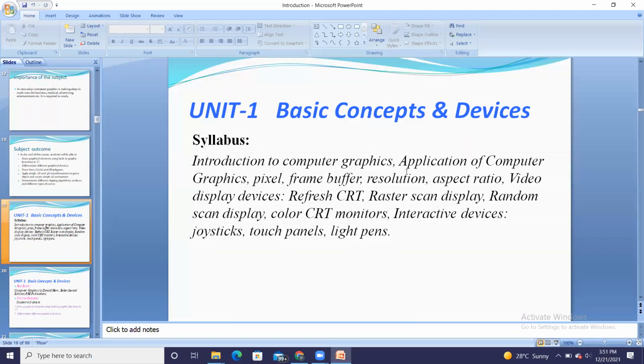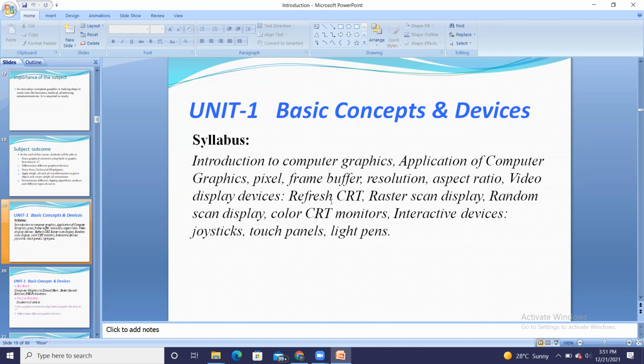It has the name basic concepts and devices. Here is the syllabus of the chapter. First is introduction to CG, application of computer graphics, then pixel, frame buffer, resolution, aspect ratio, then video display devices. In that, refresh CRT, raster scan display, random scan display, color CRT monitors, and interactive devices like joystick, touch panel, and light pen.